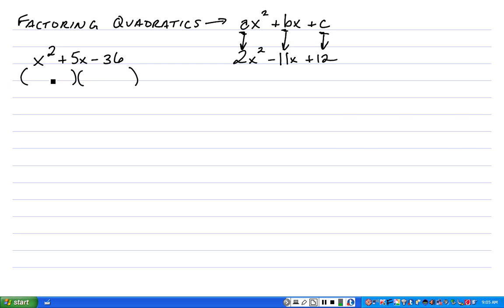When we're talking about multiplying binomials, we introduced a method called FOIL: first, outside, inside, last. Well, in factoring a trinomial quadratic, basically what we're looking to do is FOIL in reverse. Reverse FOIL.